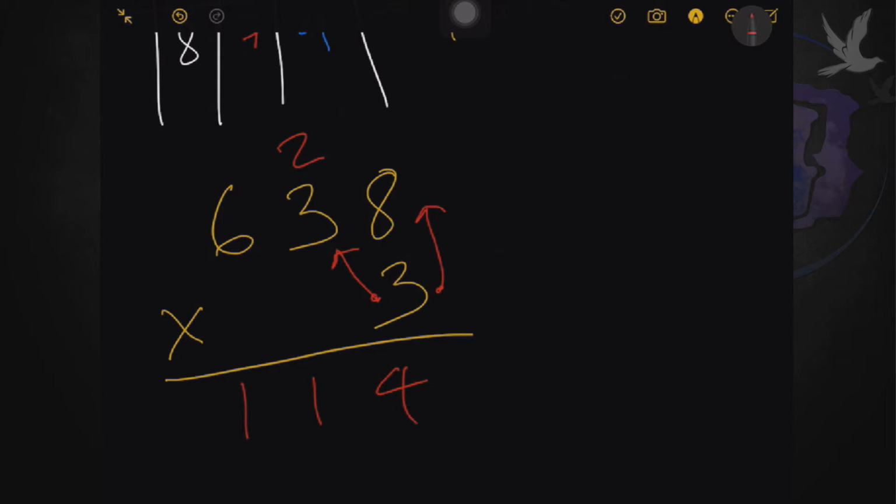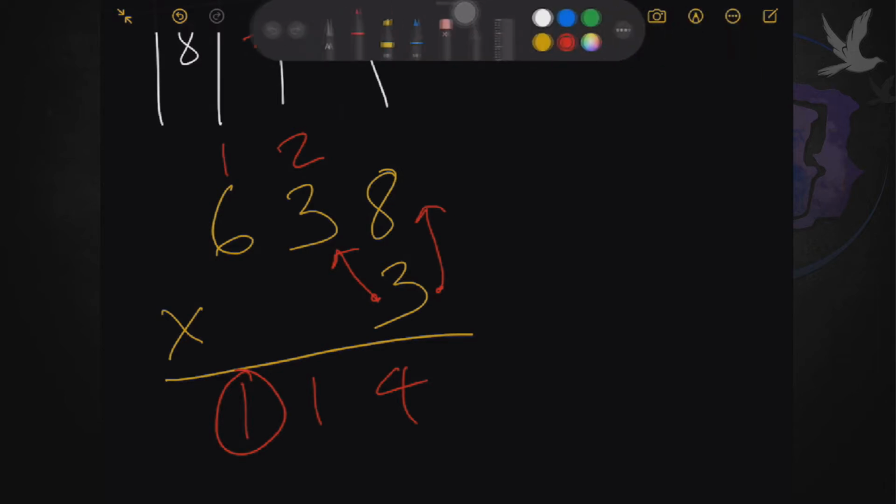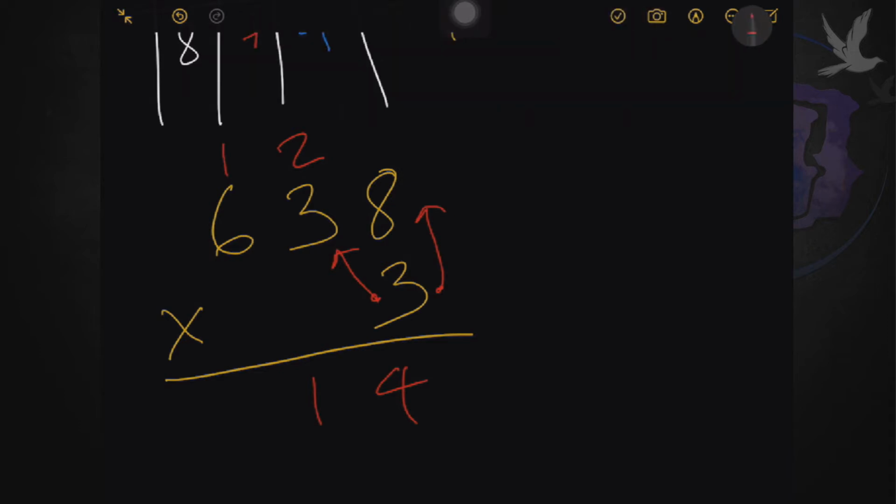Instead of writing 11 here, we write this one here. Going to the next place value, we have 3 times 6, which will give you 18. Plus 1 pala, sorry. Plus 1 will give us 19.